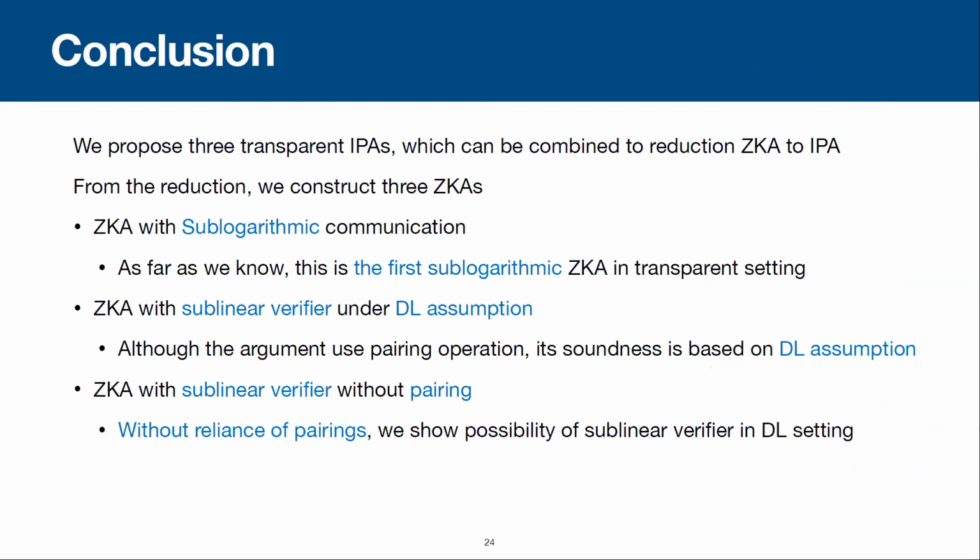Second, a GKA with a sublinear verifier under the DL assumption. Although the argument uses pairing operations, its soundness is based on the discrete logarithm assumption. Actually, there are other sublinear verifier GKAs under the DL assumption and more assumptions, but we proved that the DL assumption is enough for a sublinear verifier GKA.